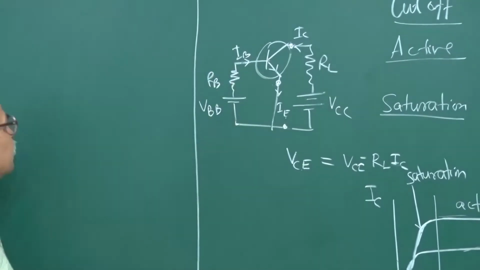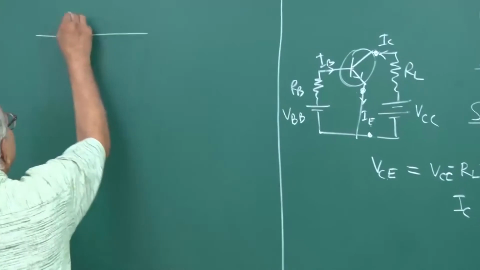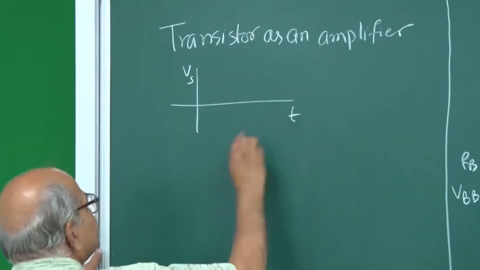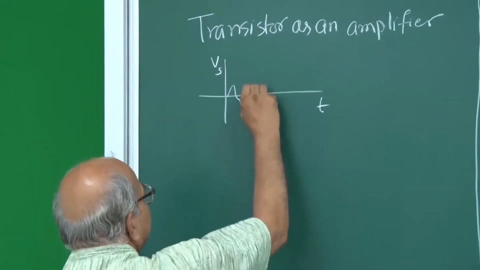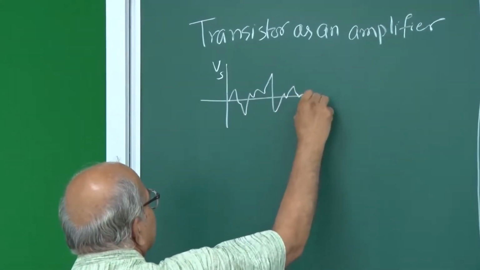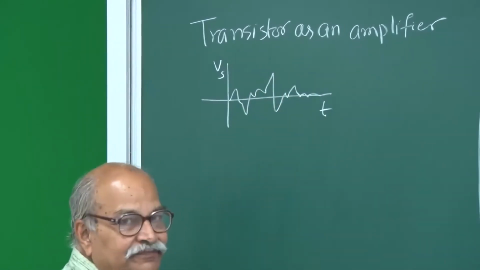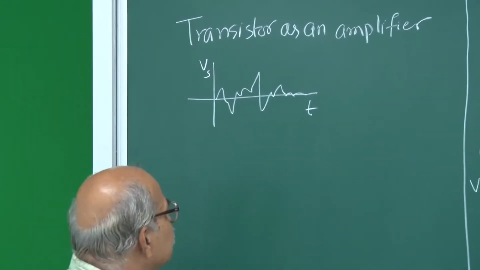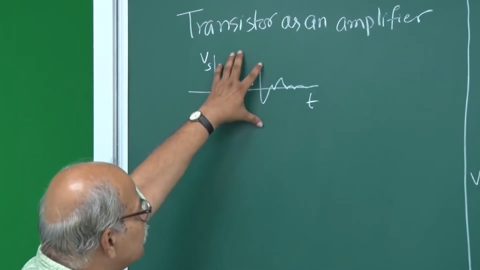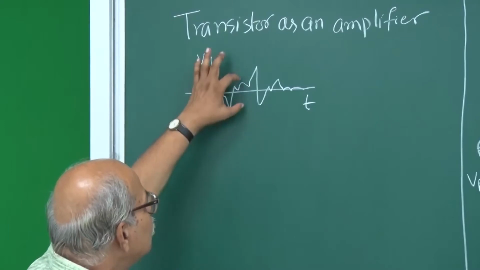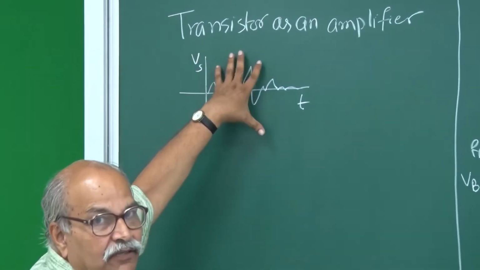If you draw this voltage signal as a function of time, it could be some kind of time varying signal. And what we wish is that a similar signal is generated after amplification, only with larger amplitudes.